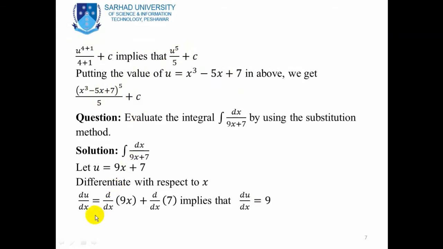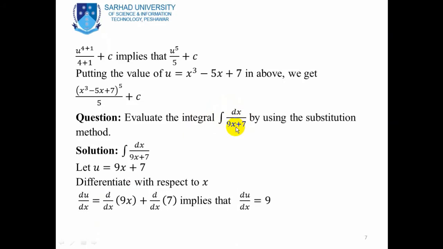Now another problem, like you see over here: integration of dx divided by 9x plus 7. Now dear students, which part will we suppose? Actually we have 1 over 9x plus 7, integrated with respect to x. So in the numerator we have 1, and in the denominator we have 9x plus 7.